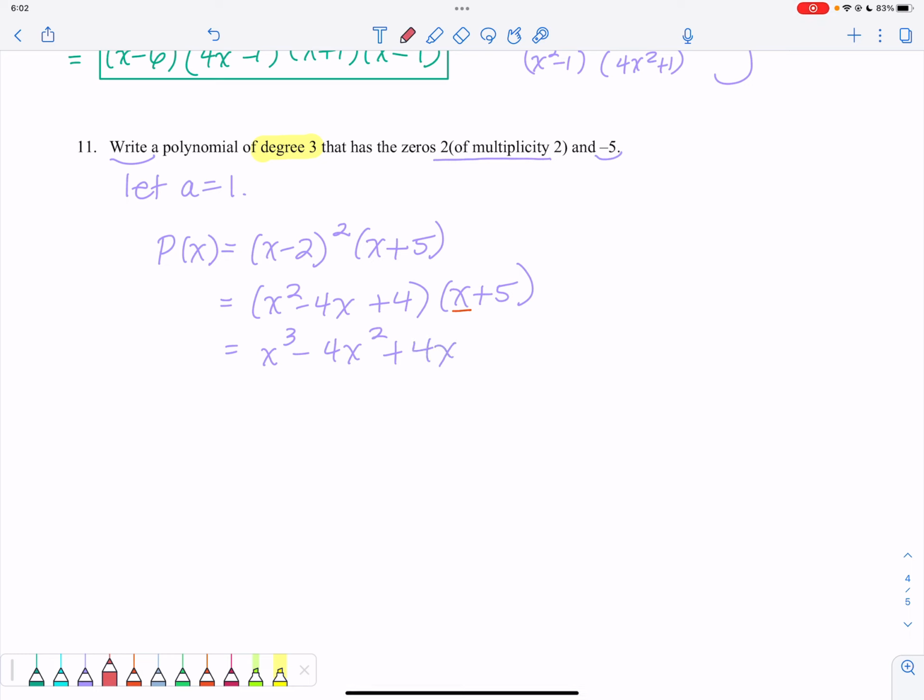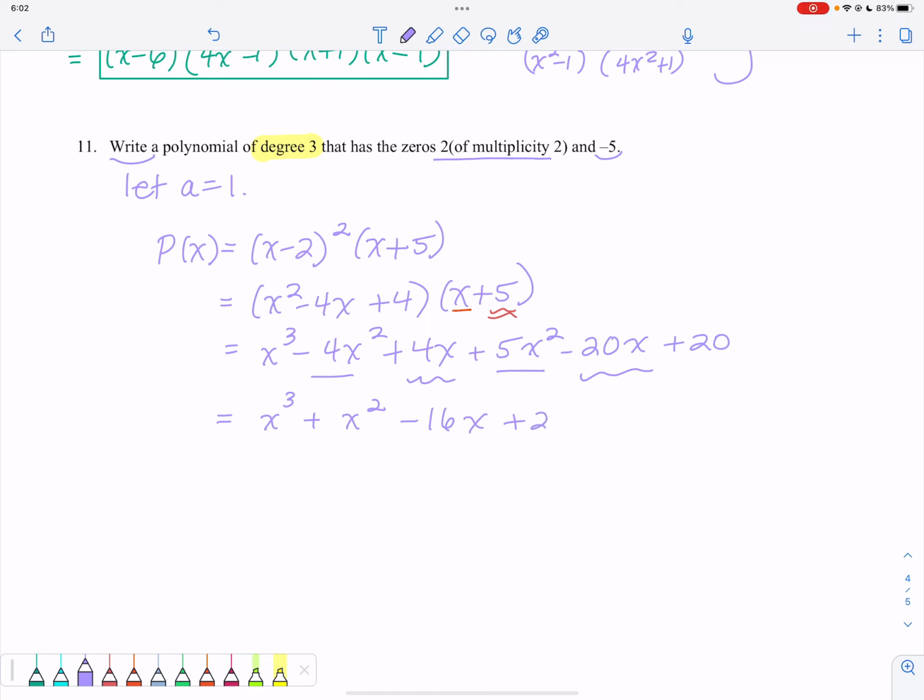And now we will distribute the 5, so we have plus 5x squared minus 20x plus 20. Looking at our like terms, we have x cubed plus x squared minus 16x plus 20.